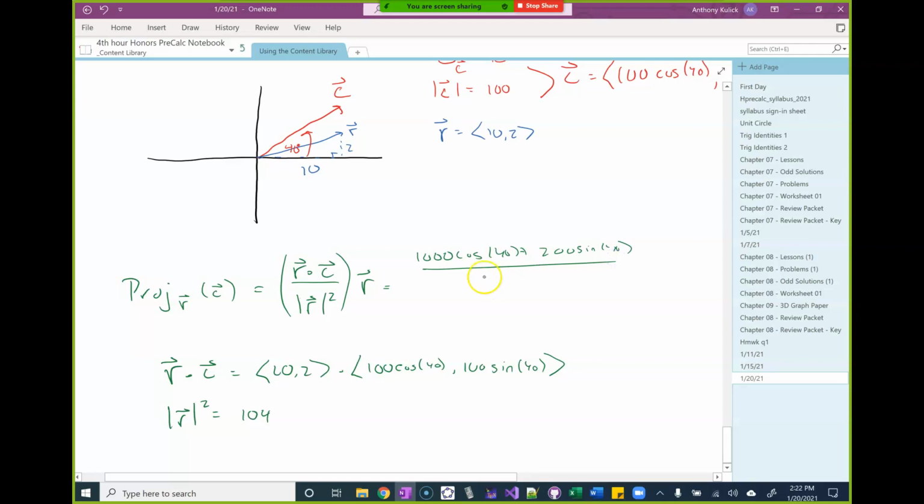And when I type all that into my calculator, I get 86.0, 17.2.